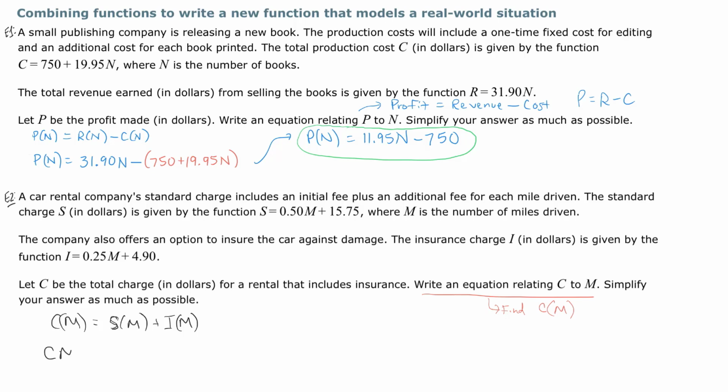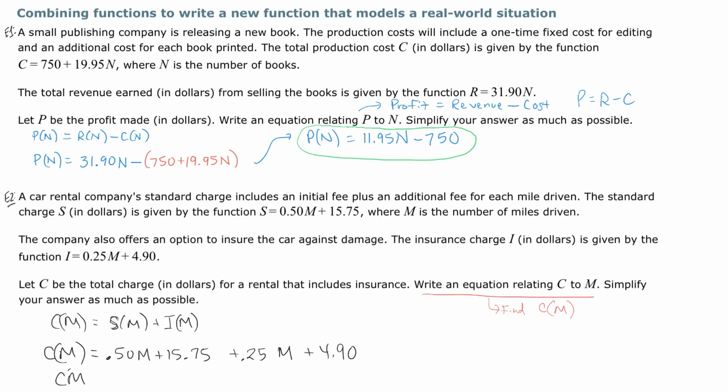Go ahead and substitute and collect like terms. S of m is 0.50 times m plus $15.75 plus I of m. What's I of m? 0.25 times m plus $4.90.